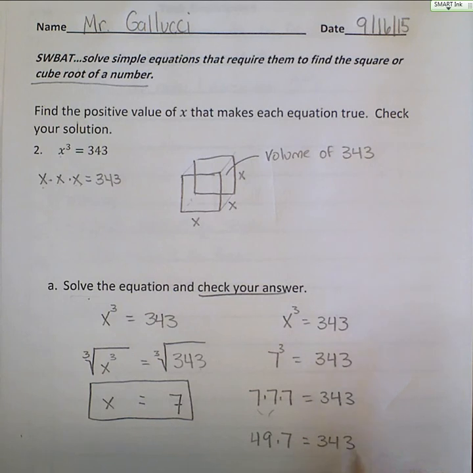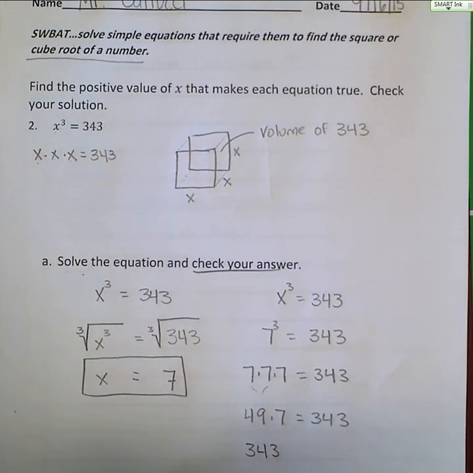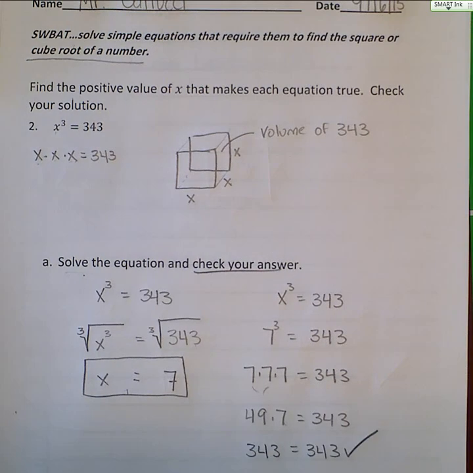And 49 times 7, let's see, in my head, is 7 less than 50 times 7. 50 times 7 is 350, minus 7 is 343. You can verify that on a calculator. I've checked my work, and my answer is correct.